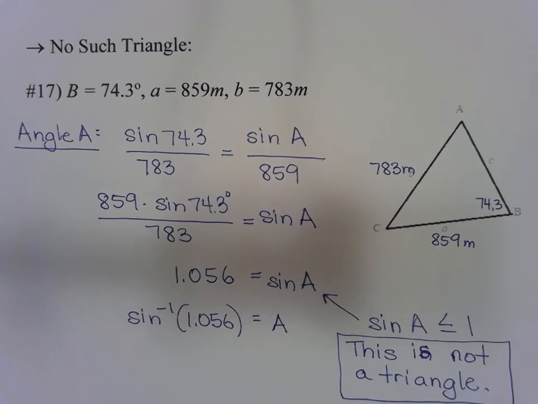Okay, so that's one way that can happen. There are a couple different ways. I'm not going to get to work out every single type of problem for you, but this is one of the ways where we can say, hey, this information you've given me does not actually form a triangle.